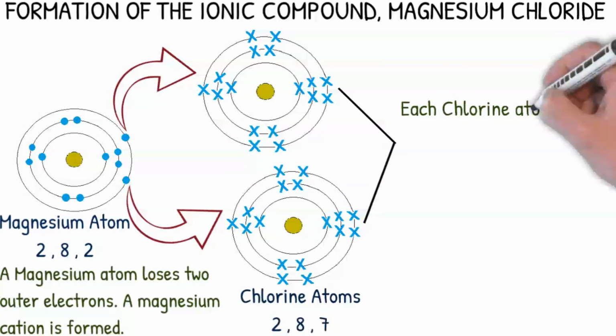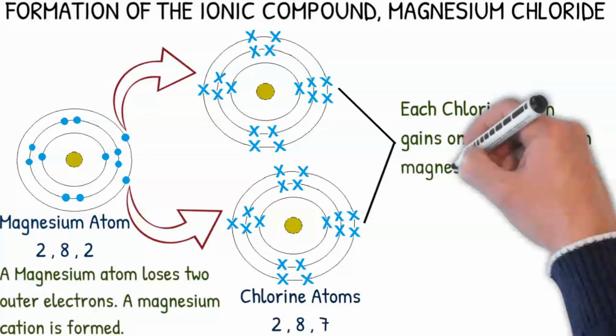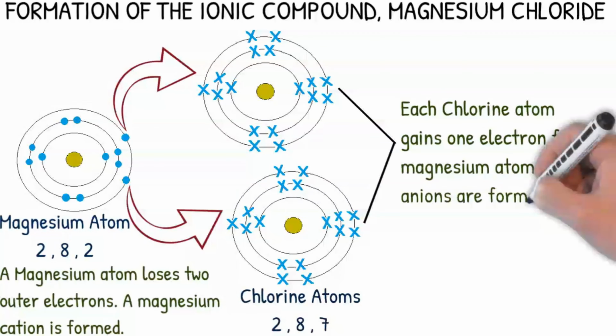Each chlorine atom gains 1 electron from magnesium atom, chloride anions are formed.